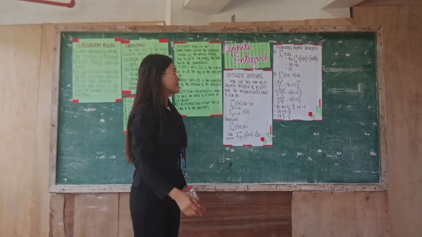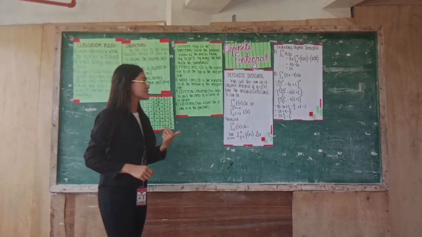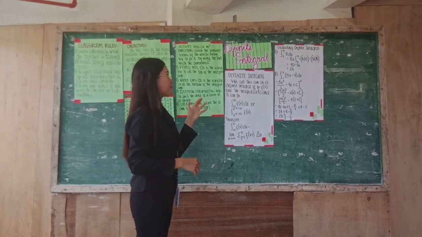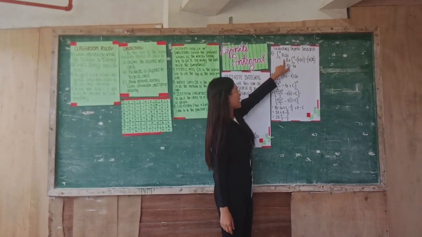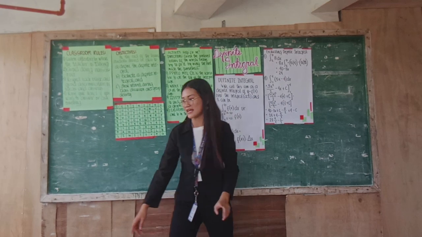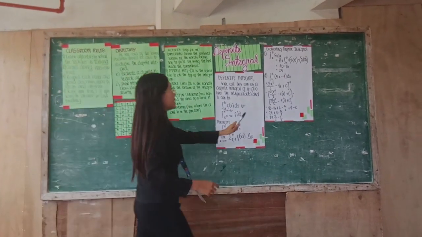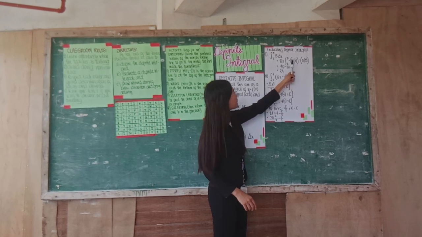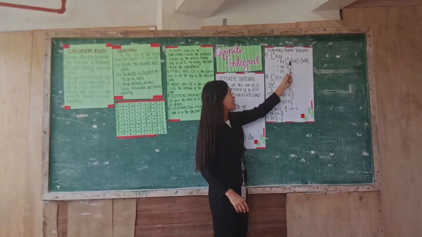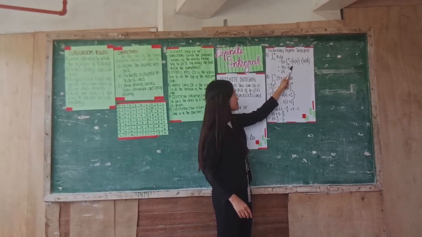Okay, in evaluating a definite integral, first example we have the integral from 2 to 5 of 8 dx. Okay, let's copy the 8 and x, the integral sign, the 5 and 2, then we have the equal sign.